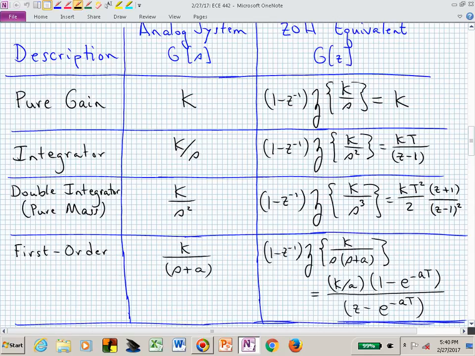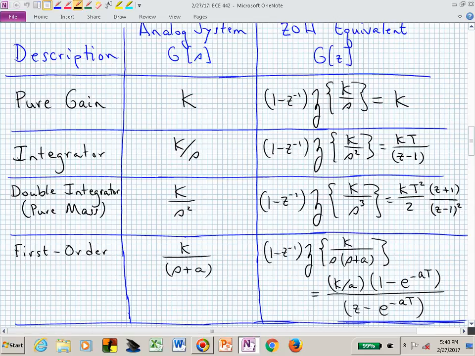What's the DC gain here? Well, now we need to look at what happens when z goes to 1. There's only one z in this lower right-hand column of that table. We have 1 minus e to the minus at, but that's exactly what you have as one of the factors in the numerator, and what happens? Those cancel, and what's our DC gain for that zero-order hold equivalent?